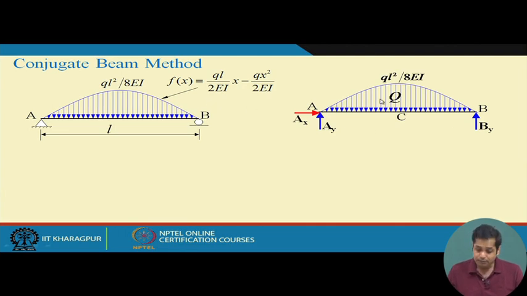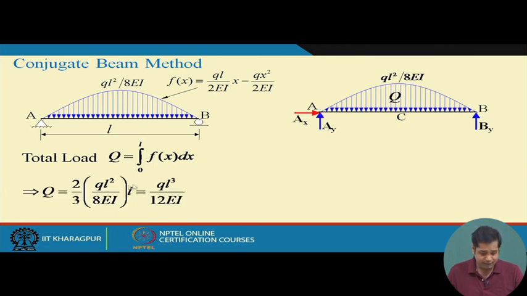Now, draw the free body diagram of the entire structure. This is a hinge support, so automatically there are two forces, and the roller support has one force. So this is the free body diagram. This is the total Q. Total Q will be the area of the entire parabolic distribution, the integration of f(x) between 0 and L. Either you can do the integration directly, or we know the expression for parabolic area, which is 2/3 of this length into the length.